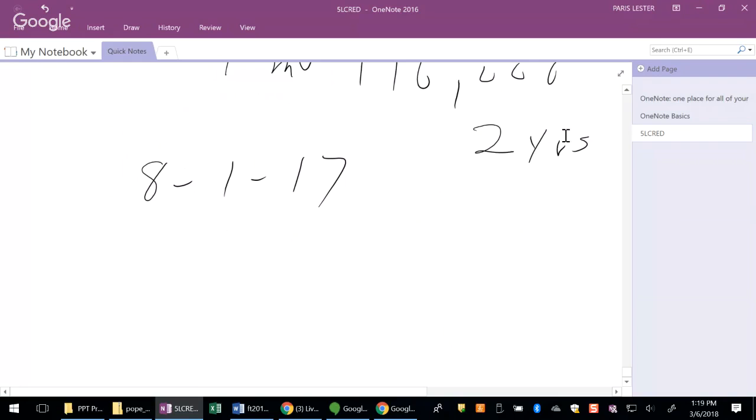Now we're reading a paragraph on page 15. All right, that's exactly right. 2 years after the close. So we have December the 31st, what year?